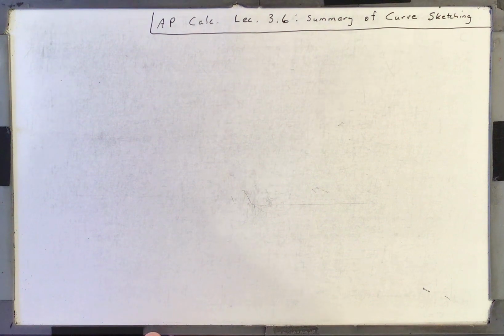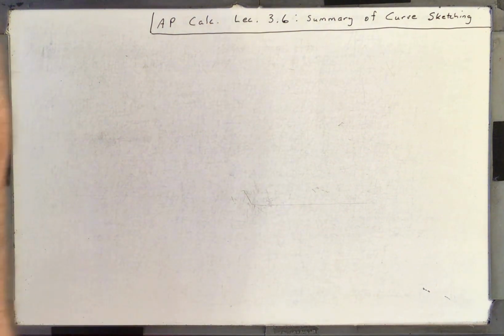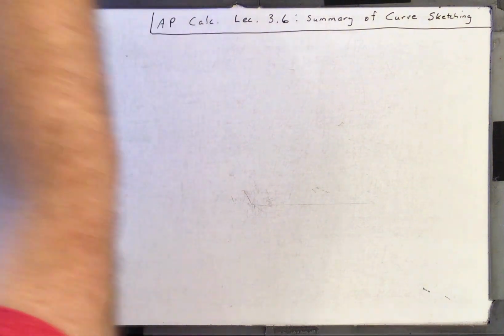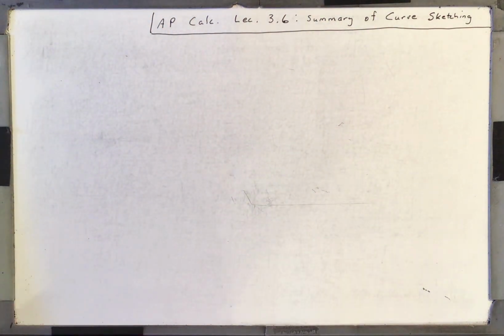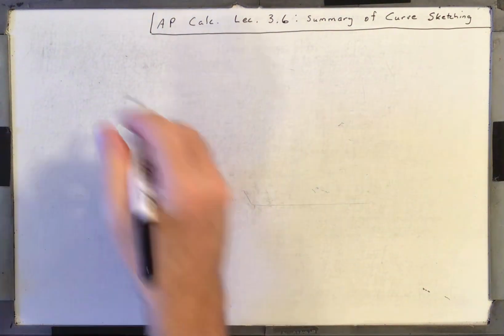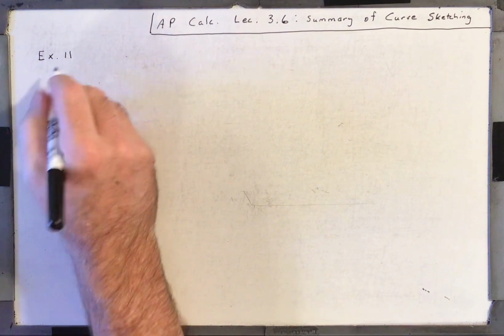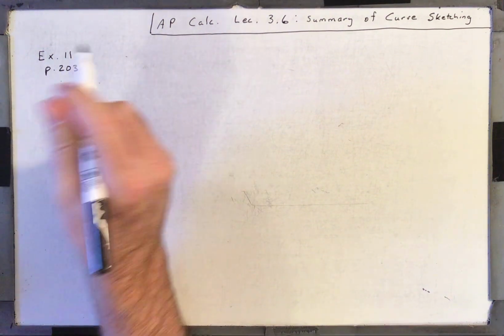Okay, let's work a couple of examples from the book. All right, we're going to start with number 11. And we are on page 203 if you want to flip to that real quick.